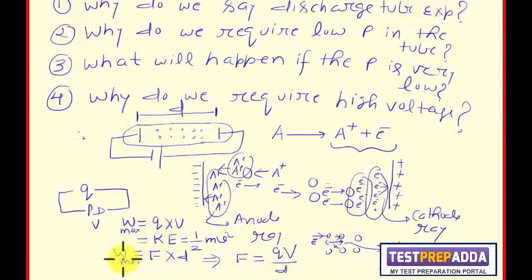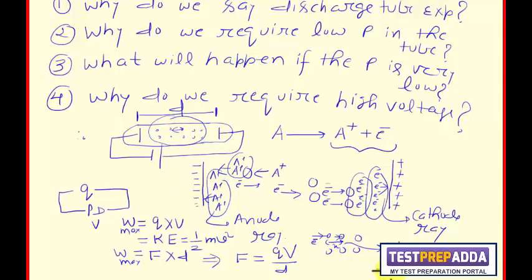So, if we keep pressure inside the tube high, means more gaseous particles, more atoms, the electron will not be able to travel sufficient distance, because atoms will be close to each other, and between two consecutive collisions the electron will not be able to travel sufficient distance.